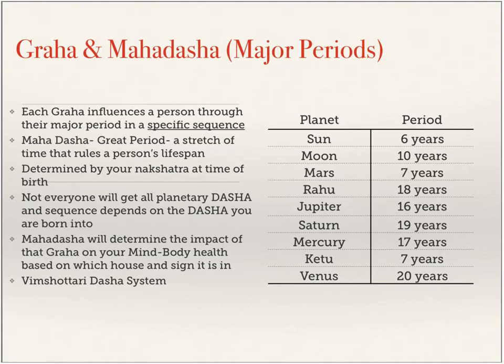Now, remember, even within the Mahadasha, you will have subplanetary periods as well. So, for example, you could be going through a Saturn Mahadasha and have an antardasha, a sub-dasha of the moon. So all 9 planets will also be in a smaller time frame within a major life period. So there's that as well.